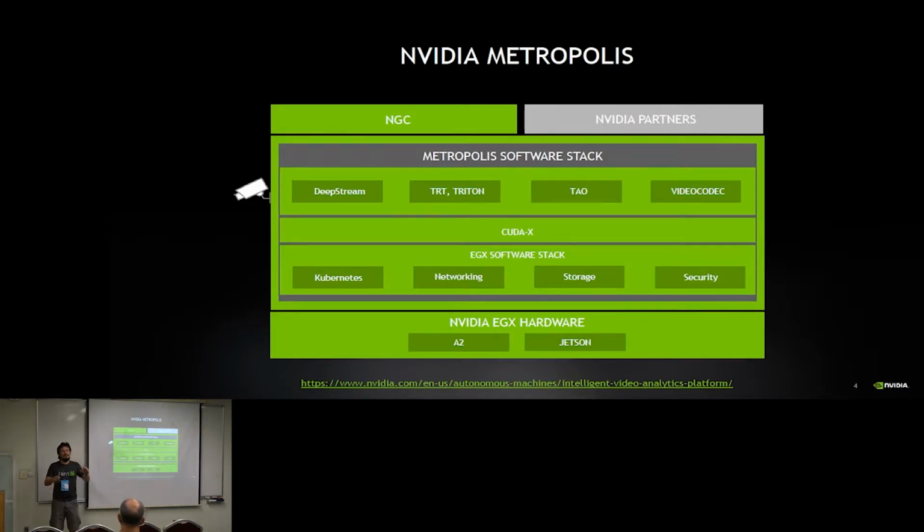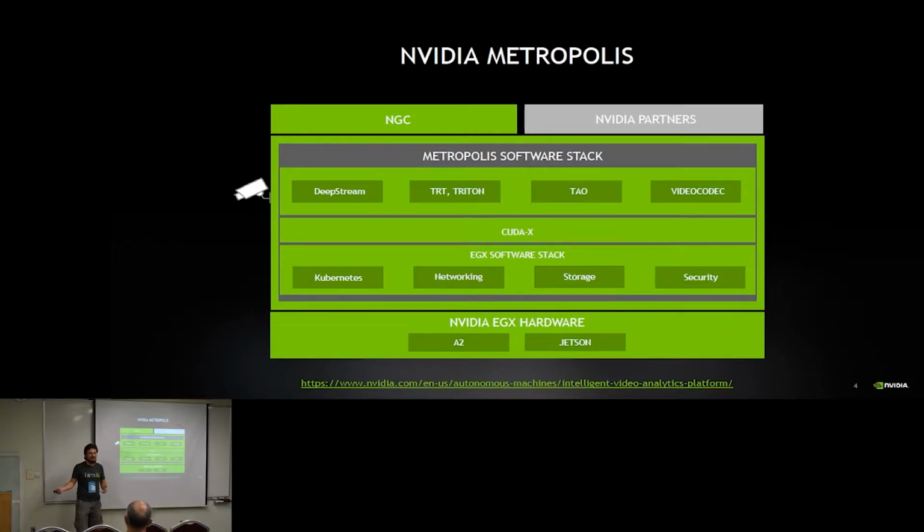It's a part of the bigger umbrella brand called NVIDIA Metropolis, and this is basically all we have for IVA developers. IVA stands for Intelligent Video Analytics, and it covers all the things you need to get the video from your camera, process it with your neural network, and then produce some business results. This is the target of the Metropolis framework.